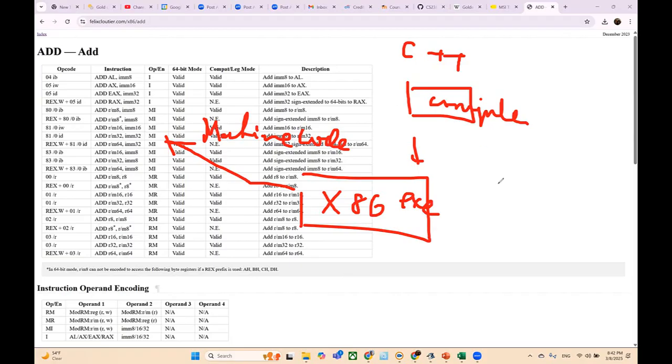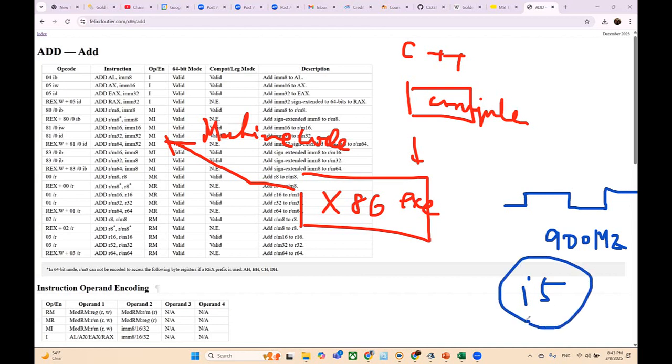As long as the instruction set is the same, the program may run on an i5 processor running at 900 megahertz, so the clock is slower and performance lower.